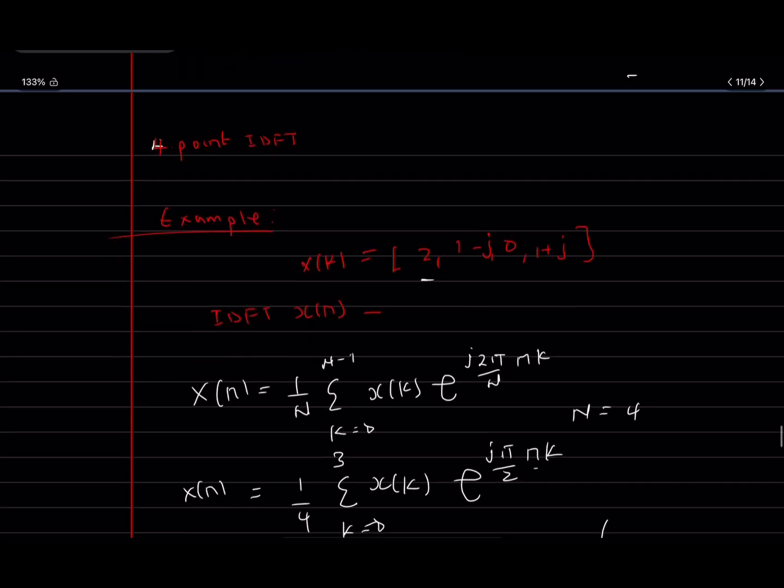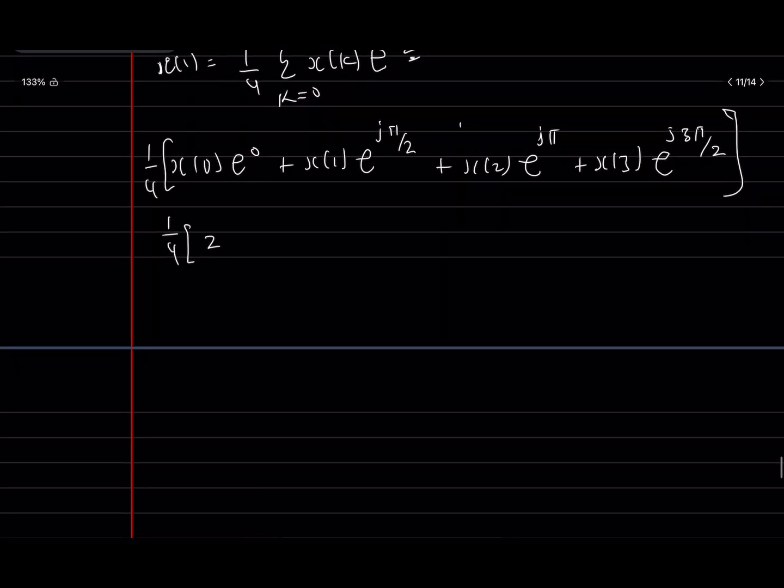The second part is plus j, plus 1, that's X of 1. Or let me simplify it straight away from here so that you will not be confused.